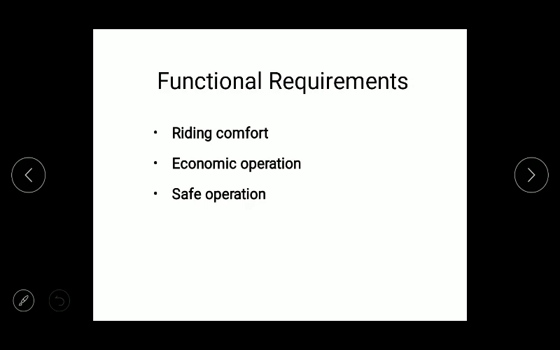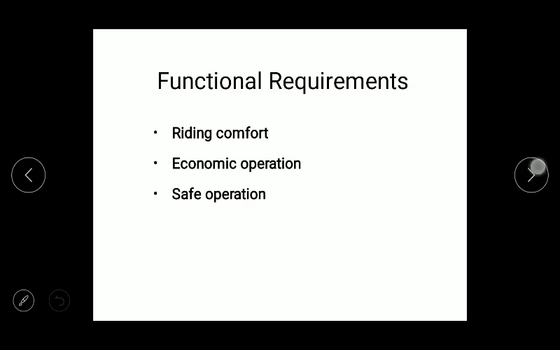Also, if the pavement surface is very slippery, it results in skidding of the vehicles and unsafe operations. That is the last functional requirement, safe operations. Therefore, the functional requirement of the pavement is to provide safe, comfortable and fast movement of vehicles and goods at a reasonably low vehicle operation cost.